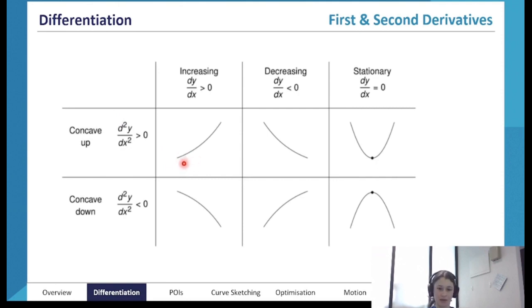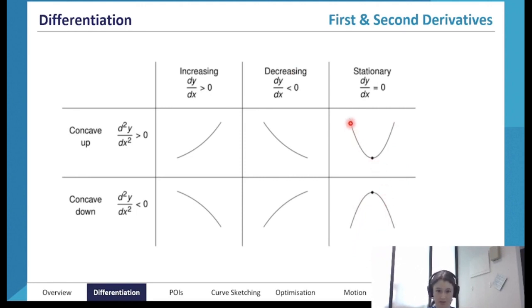When the curve is greater than 0. And then we have concave down when the derivative is less than 0. So these two are kind of the most archetypal examples of concave up and concave down.